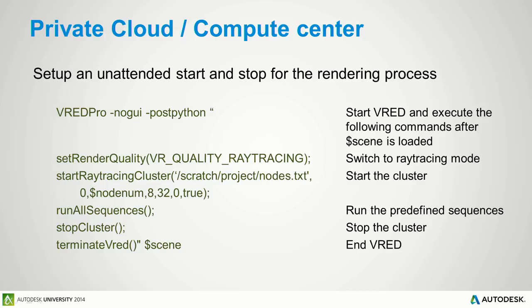There are plans to integrate VRED with a queuing system, and then it works a bit differently. But in our case, one frame per node didn't work. So that's why we said, okay, we need jobs, we need the whole cluster, and run the images one after another and not all in parallel.